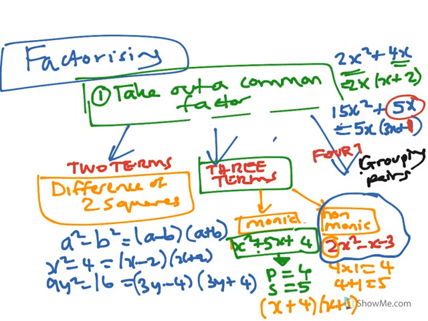An example of something that looks like this is ax plus ay plus bx plus by. That's an example of grouping in pairs.